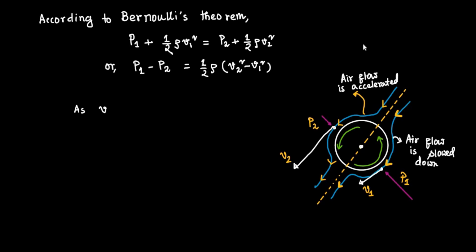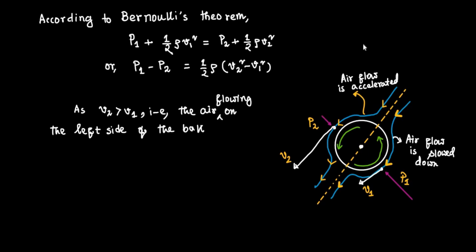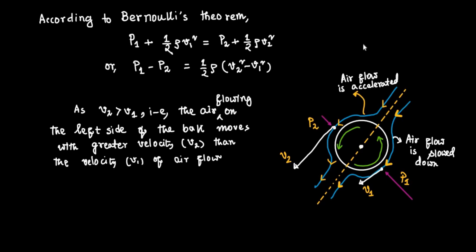As v2 is greater than v1, that is, the air flowing on the left side of the ball tangentially moves with greater velocity v2 than the velocity v1 of air flow touching the right side of the ball, so we can say that P1 will be greater than P2.